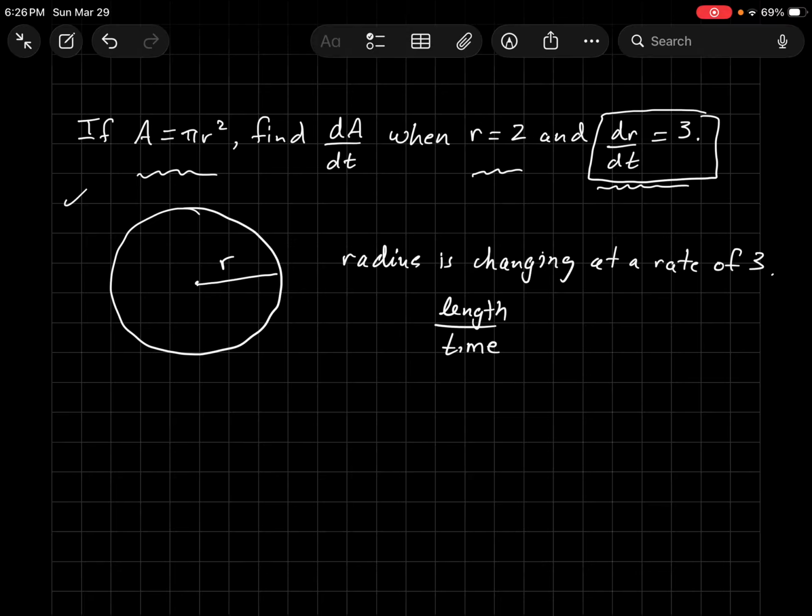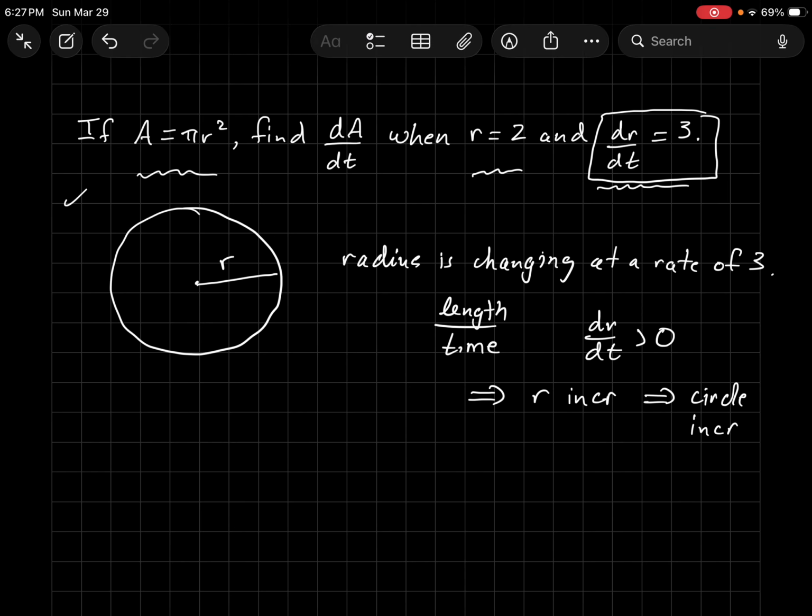Now, is the circle getting bigger or is it getting smaller as time increases? Well, since dr/dt is positive, that means r is increasing, which means the circle is increasing as well. Now, what are we trying to find?